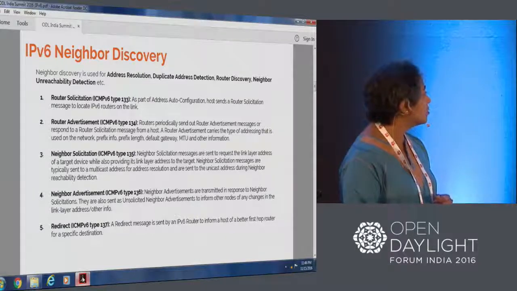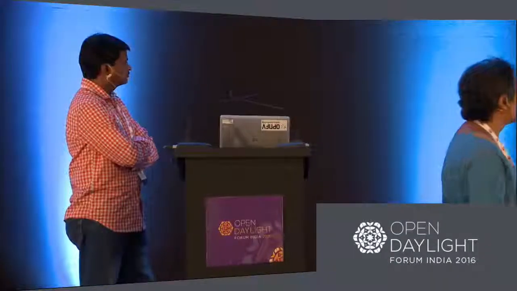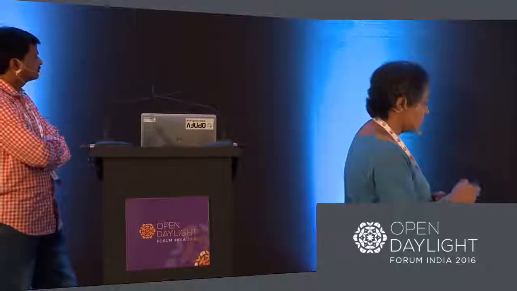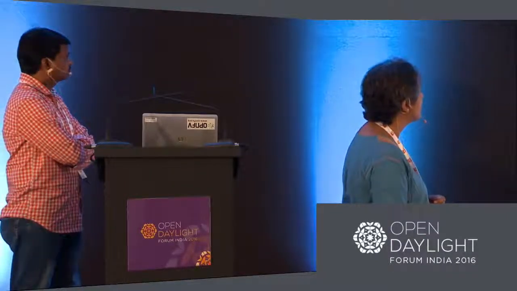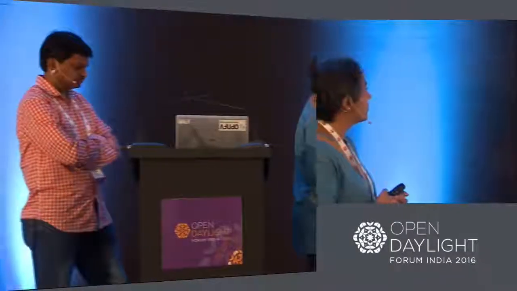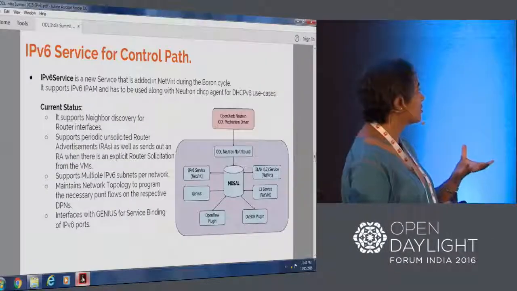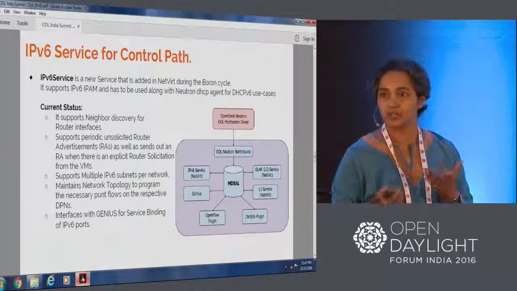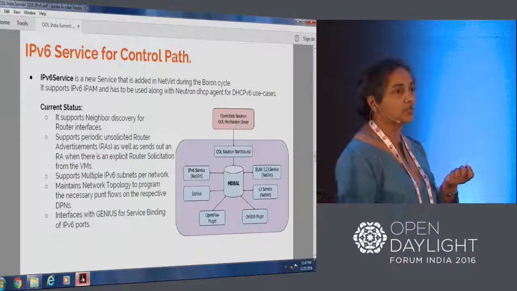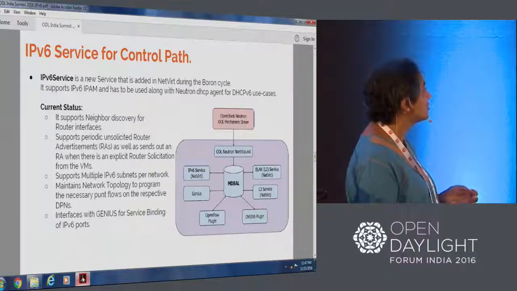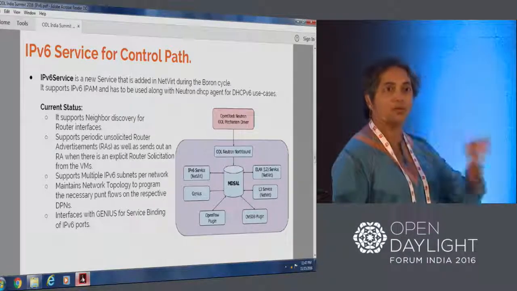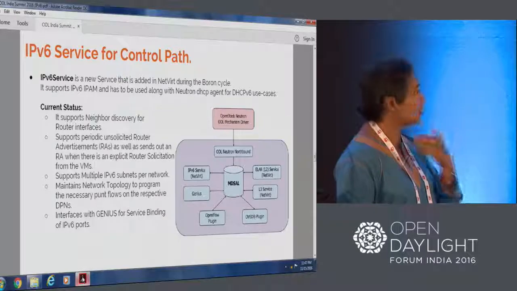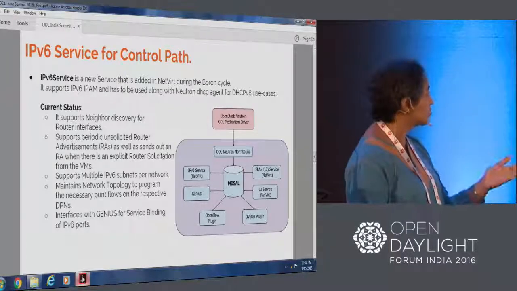Okay, so let's go back to where we were. What we have implemented is that the distributed router implemented by the controller will respond to neighbor solicitation messages. It will support periodic router advertisements sent out on the network to all these VMs.